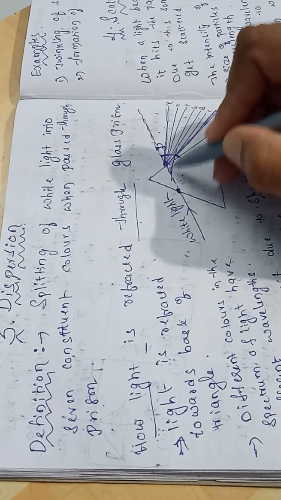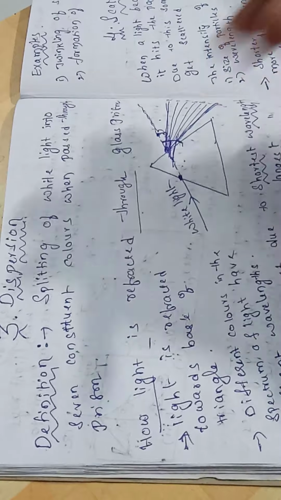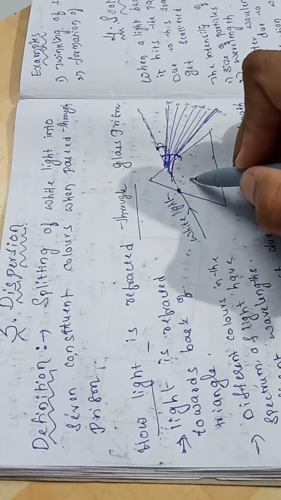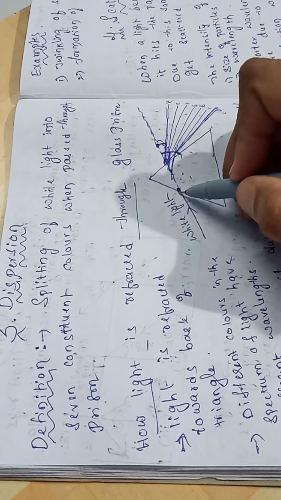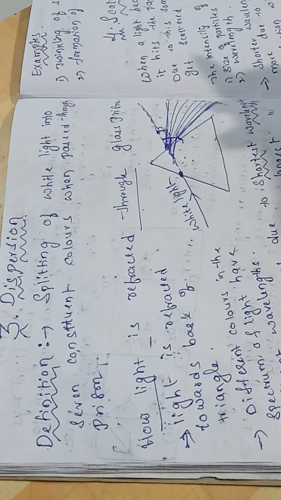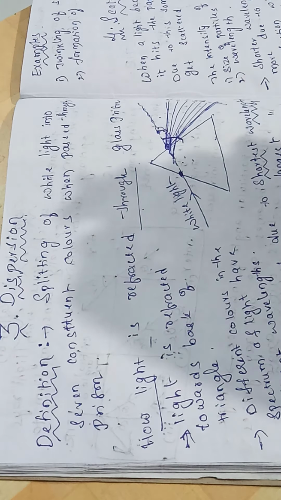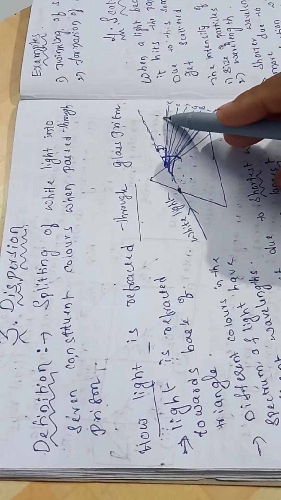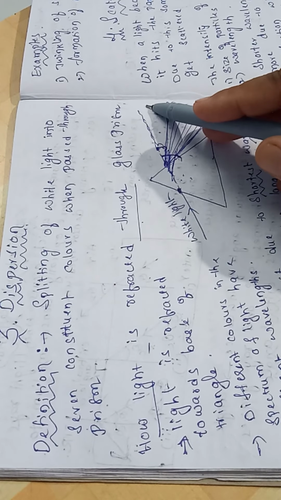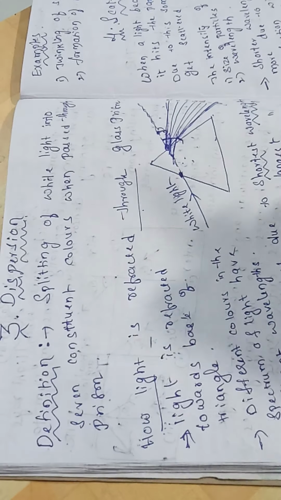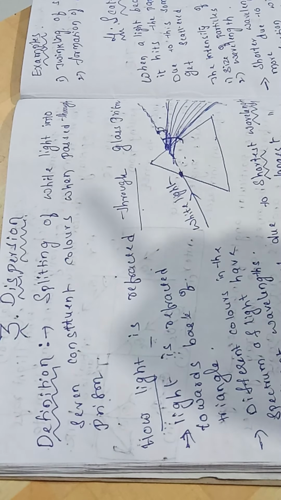So from here first refraction takes place, and this is a denser medium, no? Automatically this slows down the speed of the light rays. And if we take glass to air, it is entering into the rarer medium, meaning speed increases, so totally we will find changes in the speeds.